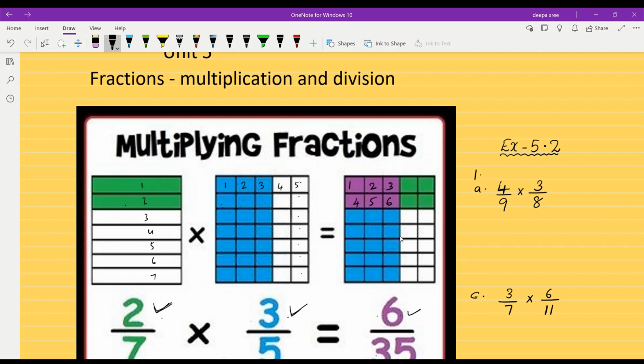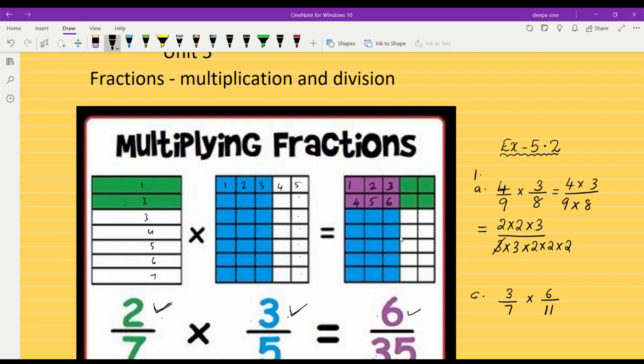4 by 9 into 3 by 8. So first you have to multiply that 4 and 3 numerator divided by 9 and 8. Now for cancellation part we can write the prime factors of 4, 2 into 2, 3 divided by 9 we can write it as 3 into 3, and 8 we can write it as 2 into 2 into 2.